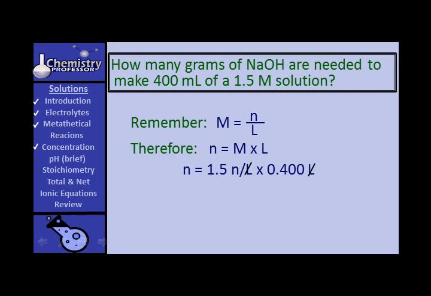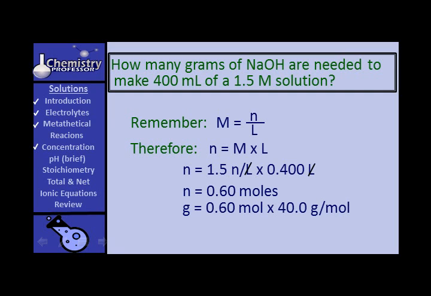Liters are going to cancel, and that's going to leave us moles. So we have 0.6 moles of the sodium hydroxide, but we need grams. So to find grams, we take our 0.6 moles times the molecular weight of sodium hydroxide, which is 40 grams per mole. Our moles are going to cancel, and this is going to give us 24 grams sodium hydroxide.